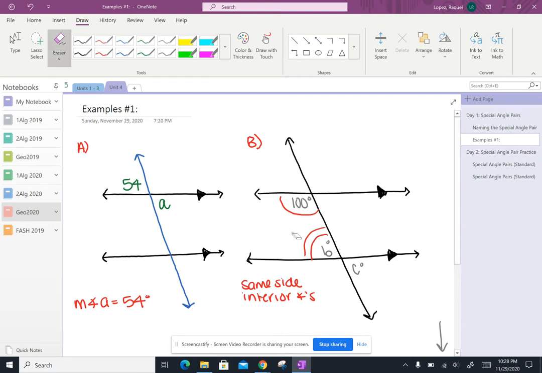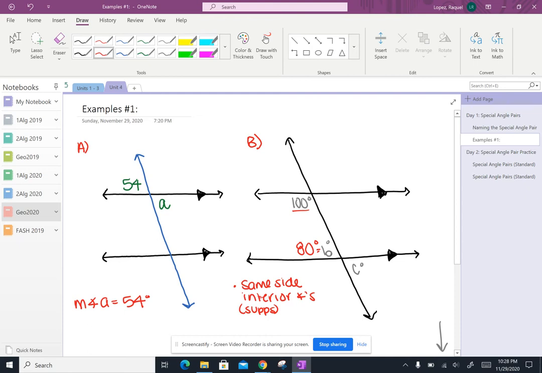So they're in between the parallel lines. Okay. And if you remember from the last video, same side interior angles are supplementary. So if this angle is 100 degrees, supplementary means they add to 180. That means angle B must be 80 degrees. That would make it supplementary.